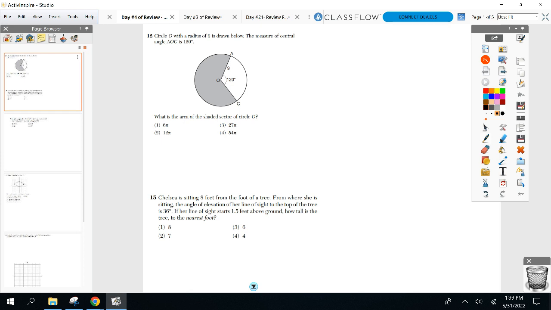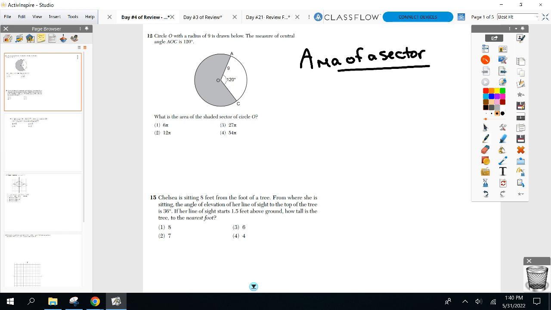So the first one's number 12. What is the area of that shaded sector? We're not doing the problem unless we know the formula. It's not a reference sheet formula, so get it jotted down right now on the sheet I gave you Friday.